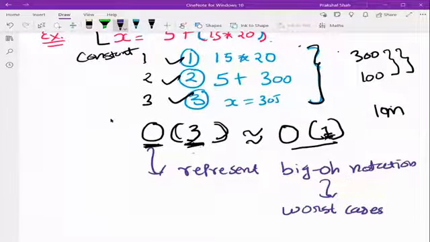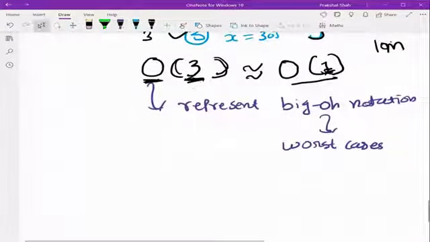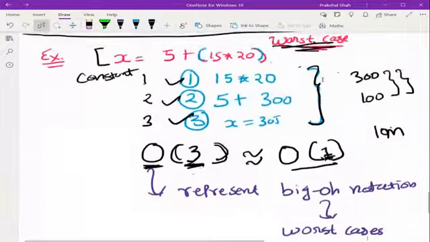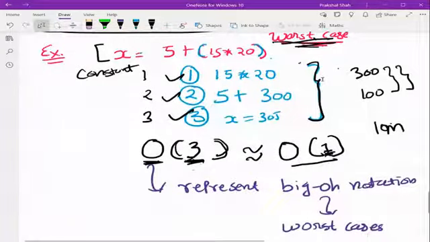What is that? We'll learn in tomorrow's class. But to represent any worst case, we'll be writing this big O. Okay, Vishal, can you please unmute yourself? We will say this as big O of n, big O of 3, big O of 1, this kind of thing. So I'm repeating once again for everyone.